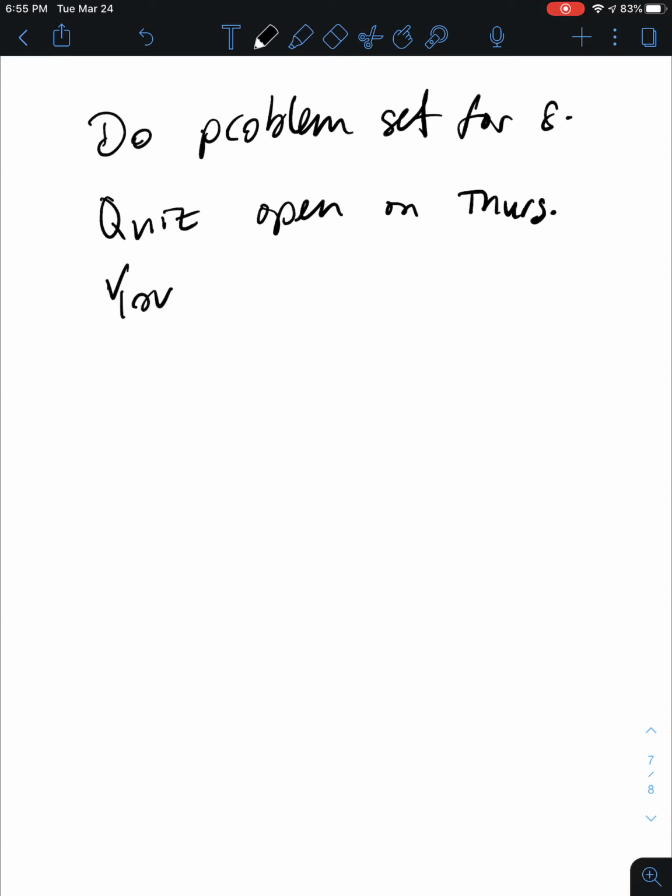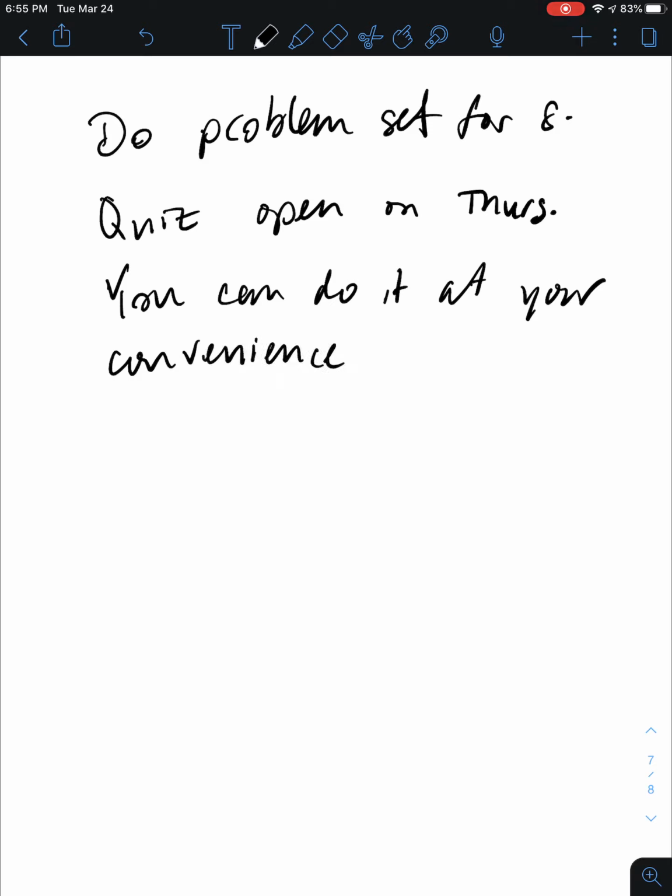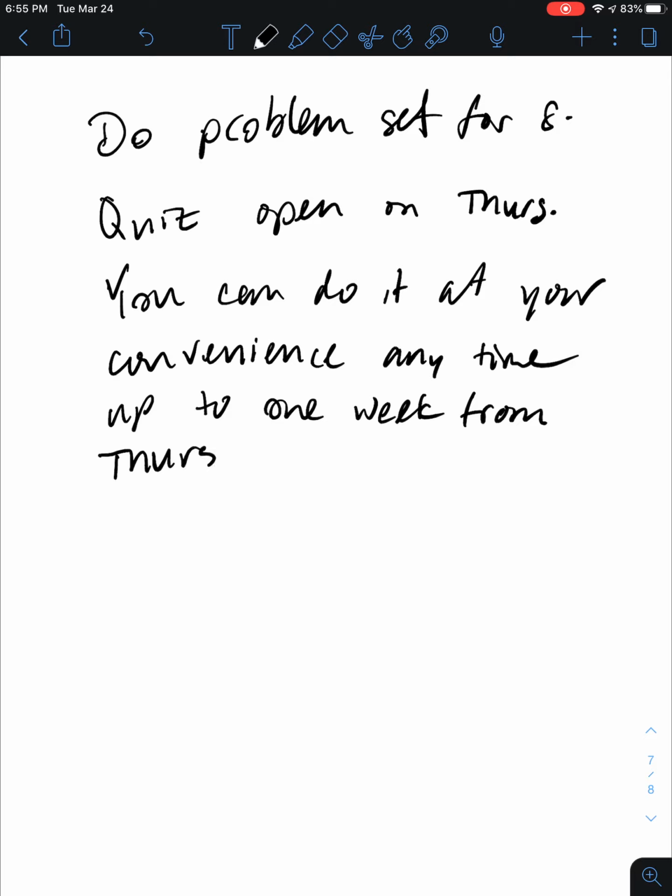That means you can do it at your convenience, anytime up to 1 week from Thursday. So if you're ready on Thursday, you can go ahead and do the quiz on Thursday. If you feel you need the weekend to study, you're welcome to do it on Monday, Tuesday, or Wednesday of next week.